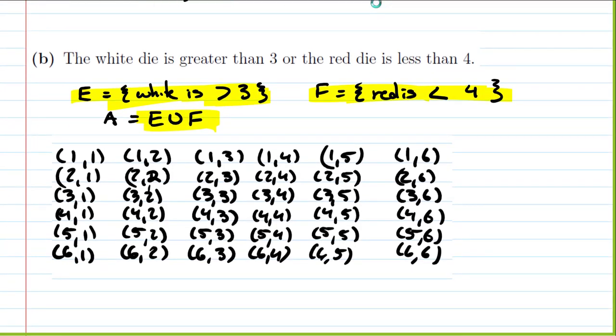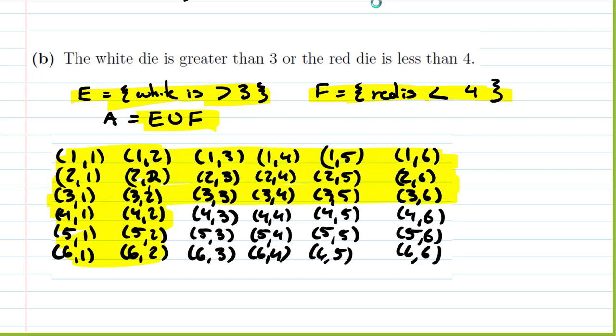So let's highlight that the white die is greater than 3. Well, that's these two columns, right? We did that earlier. And F is the event that the red die is less than 4. Well, that's going to be these two.